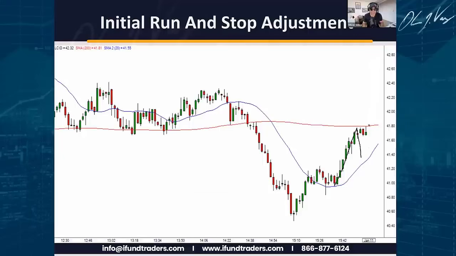If you get a decent enough space away from the 20 that halted the stock in the first place, there's nothing wrong with taking profits. But I want us to try to take advantage of the secondary play, which is the next 20 MA halt. You see, the first one often leads to the second one, and sometimes the second one is bigger. So we've caught the first halt. There's another halt that's highly likely.